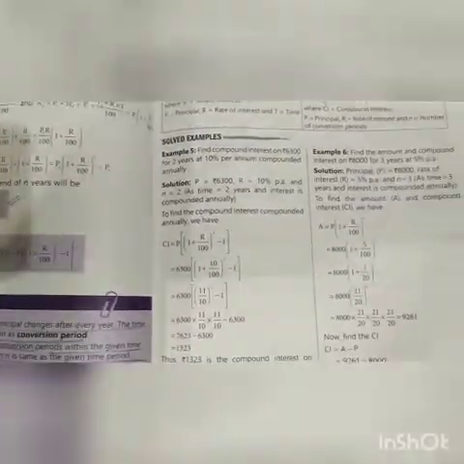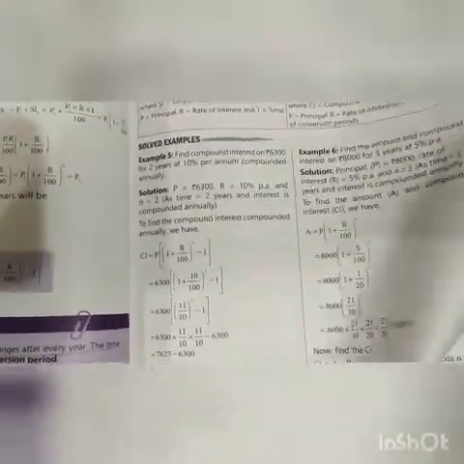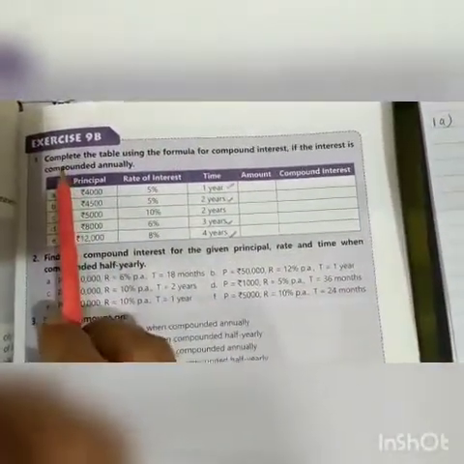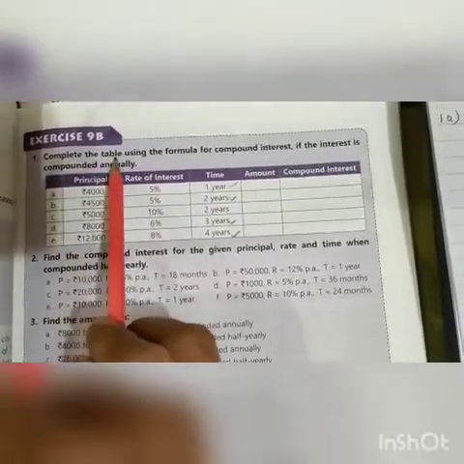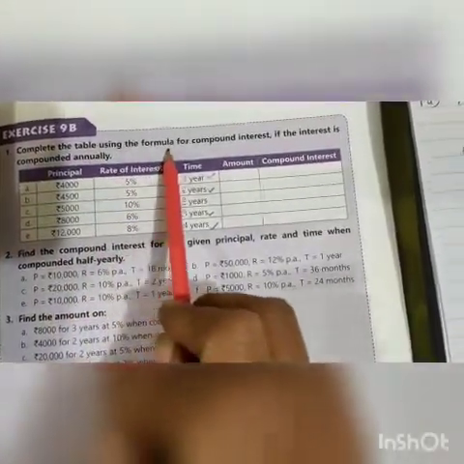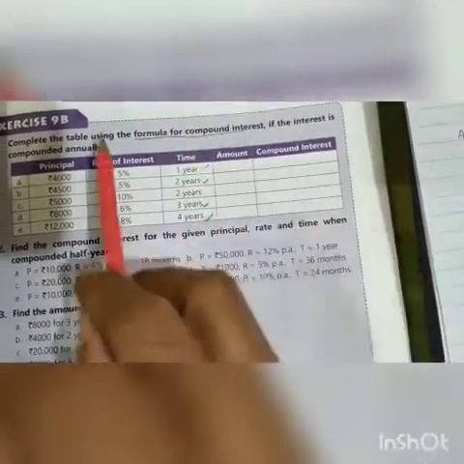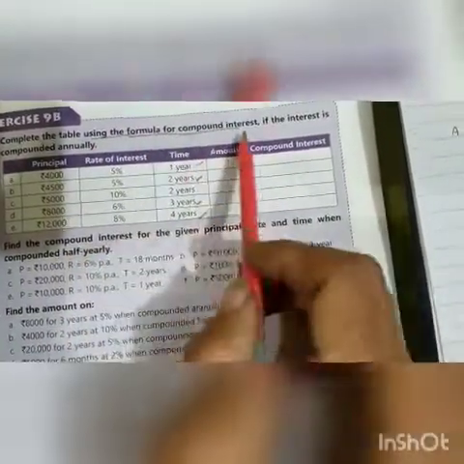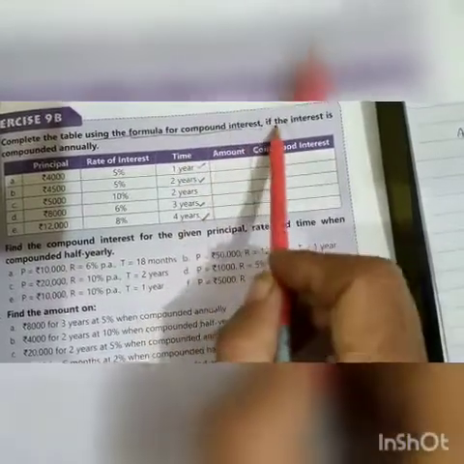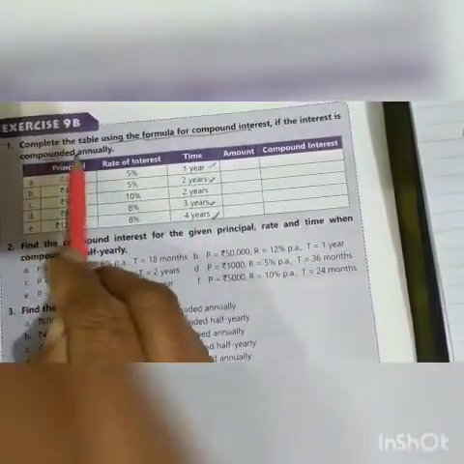Okay. So now come to new exercise 9b. What is the first question? The first question is: complete the table using the formula for compound interest, if the interest is compounded annually.